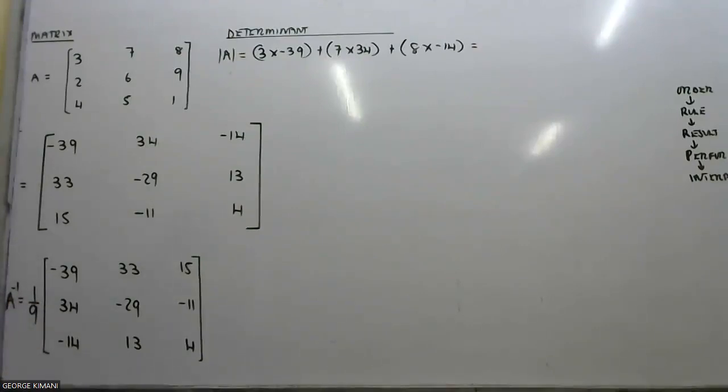Sorry, multiplied by the adjoint. Multiplied by the adjoint. That's all.